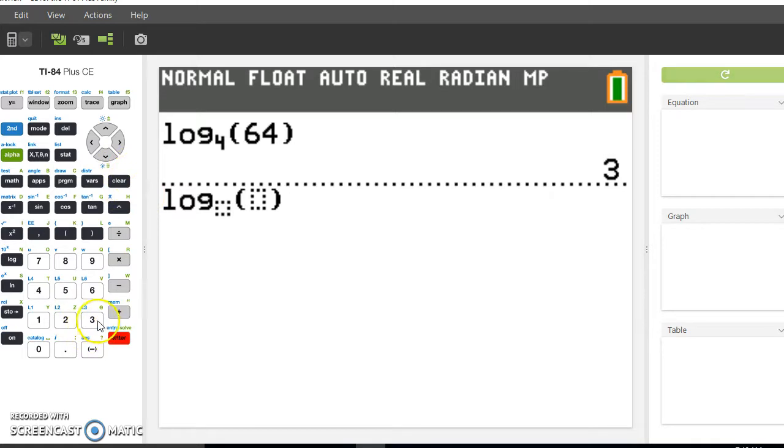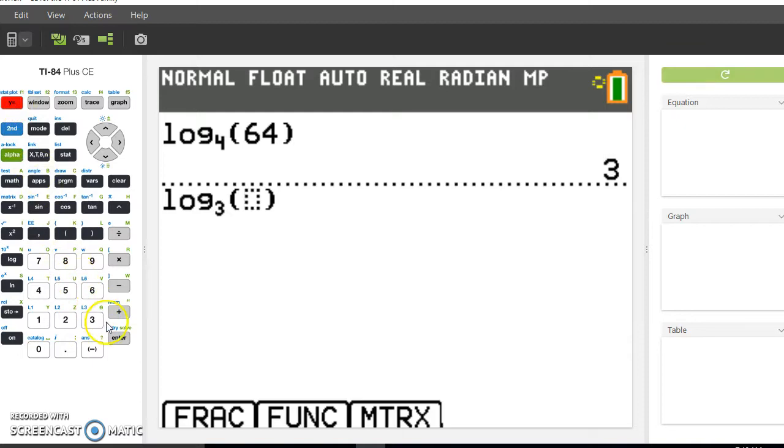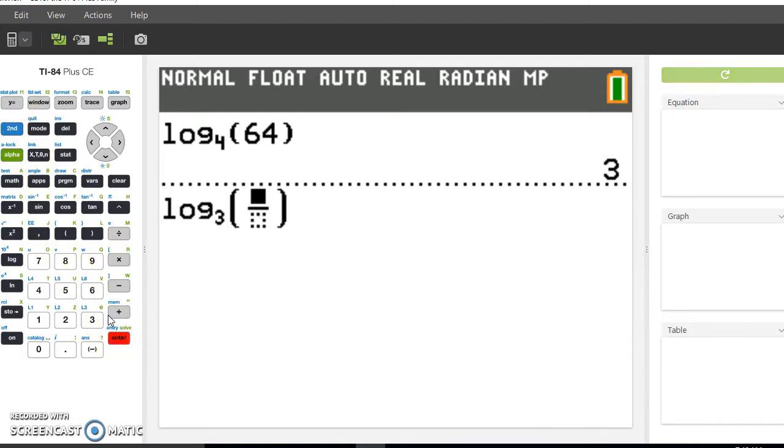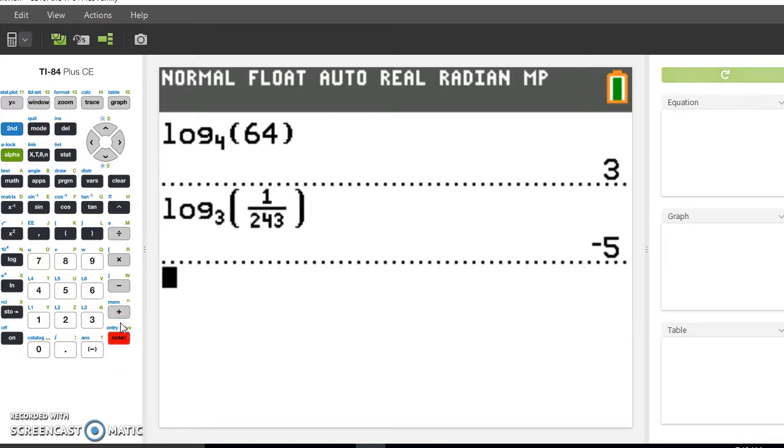So we want log base 3 of 1/243. And that's a -5.